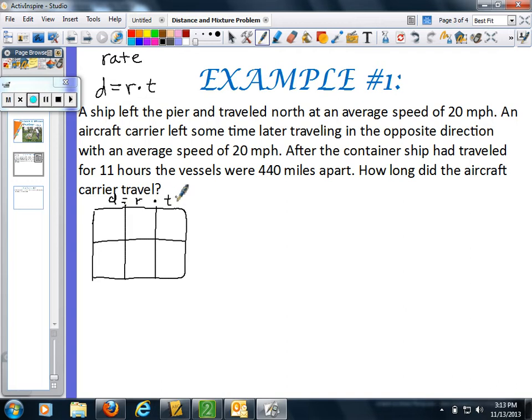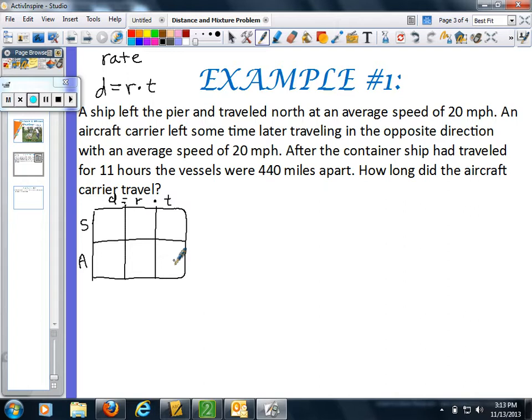Now, on the side here, this is going to be which, in this case, which ship we're talking about. So it says a ship left the pier, so we're going to call this one a ship, and the next one we're going to call an aircraft carrier, so we're just going to label it as A. Okay? Now you're going to fill in the necessary information. So these boxes here are the distance, these ones are your rate, and these ones are your time, and you're going to have to fill those in.